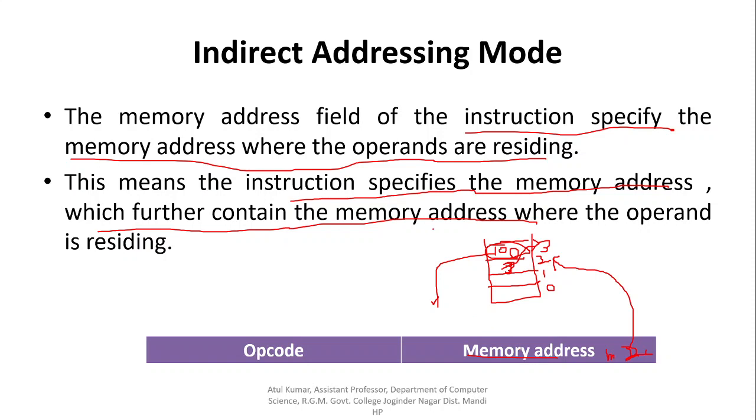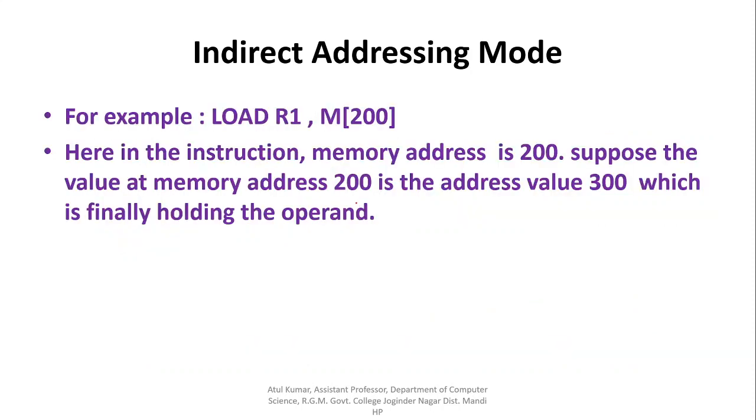So in indirect addressing mode, the instruction contains a memory address that again contains the memory address where the operand is stored. Here is an example: LOAD R1, M200. In the instruction, the memory address is 200. Suppose the value at memory address 200 is the address 300, which is finally holding the operand.